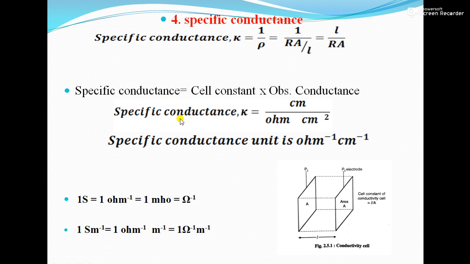So you can see K is equal to L upon R into A. The unit of length is centimeter, the unit of resistance is ohm, and the unit of area is centimeter square. So upon doing the calculation, you will get the unit per ohm per centimeter.